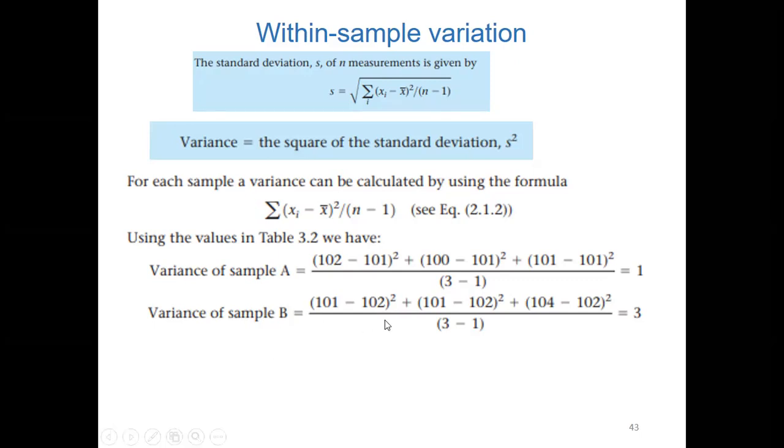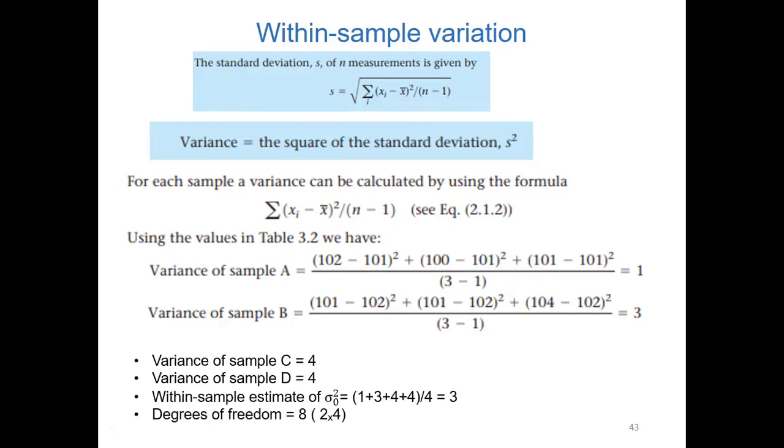And similarly, we can calculate the variance of sample B. When we calculate the variance of sample B, we will get 3. That is the value. And in the same way, we can calculate the variance of sample C and D. In those cases, the variance of sample C equals 4 and the variance of sample D is also 4.